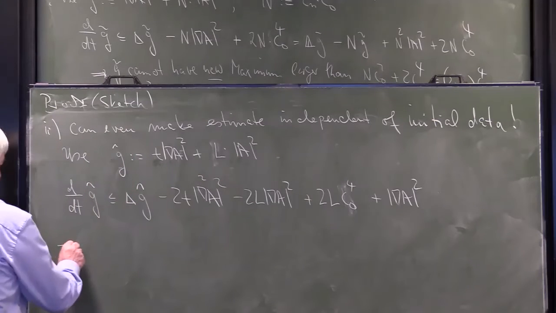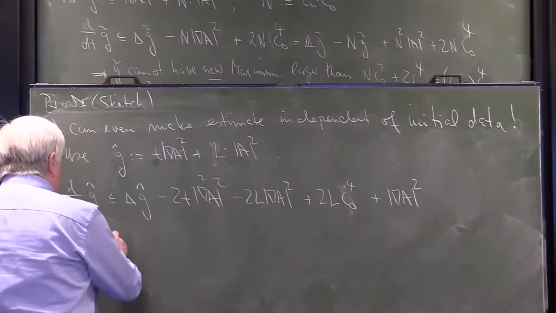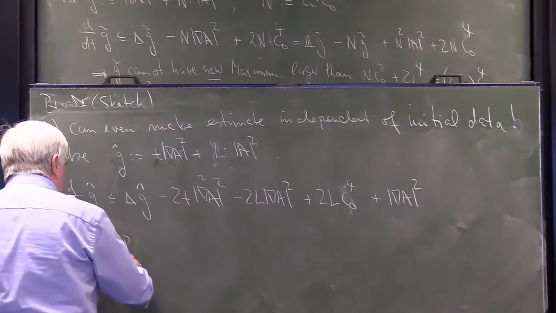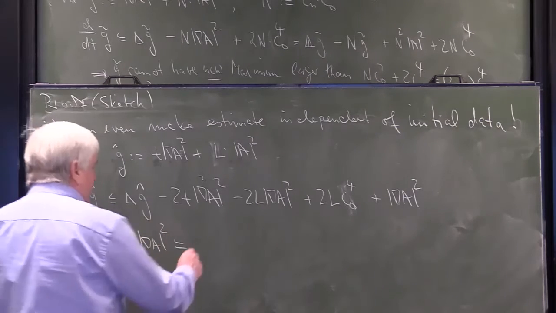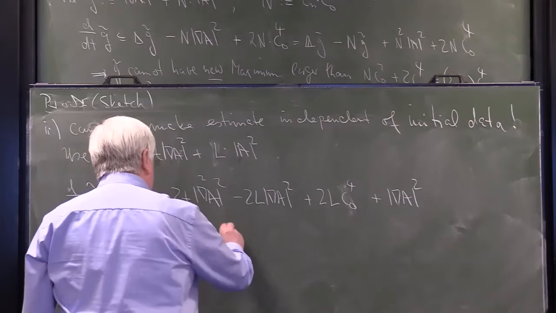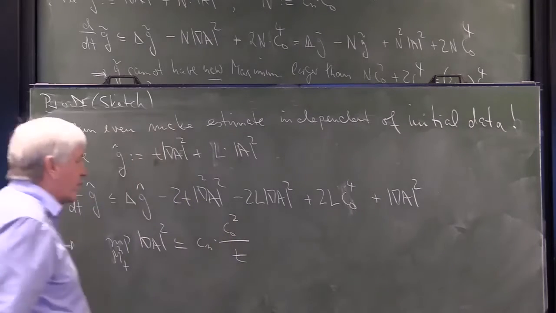So from this you get that the sup over M and t of gradient A squared is less than a constant depending on n times C0 squared divided by t.